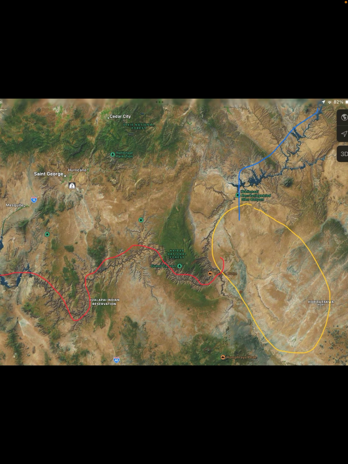So this is the Grand Canyon. The red line is the Grand Canyon, and this yellow is pretty much a big basin that can only empty through the area of the Grand Canyon, because around it there are hills.